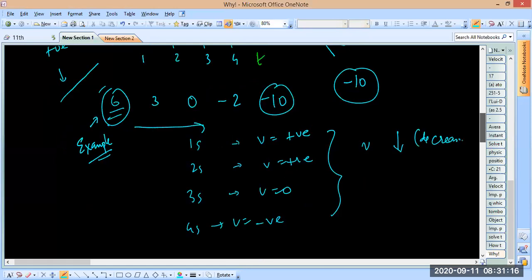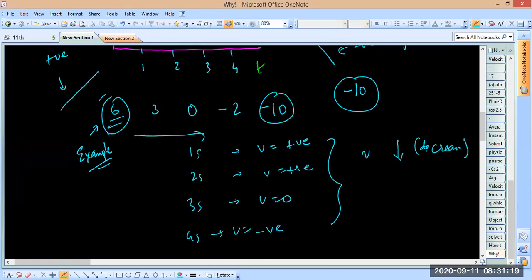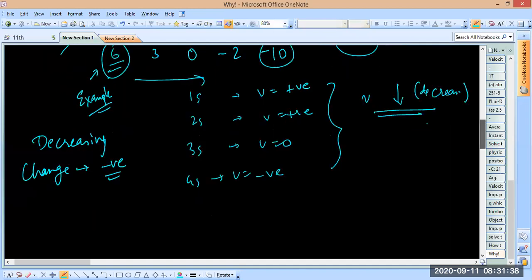So I was saying that the velocity is decreasing in this case, right? Because if something is decreasing, then the change will be negative, correct? I think you all realize that if suppose in the first test your marks are 45 out of 50, but in the second test your marks are, let's say, 30, then the change is final minus initial, second minus first, right?